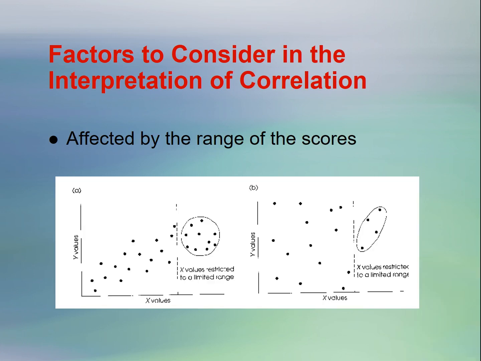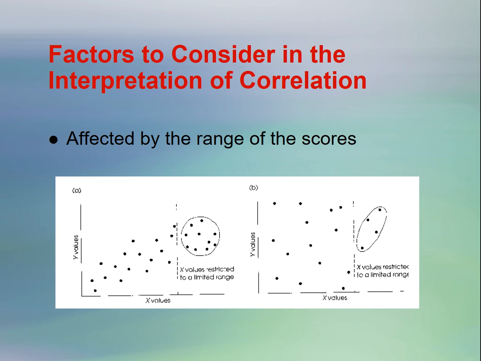Another factor that needs to be taken into consideration is that the range of the scores is going to greatly affect the relationship or R value. You don't want to have a restricted range of scores if possible. Here is an example. On the far left, when we look at all scores, it indicates moderate to high correlation.